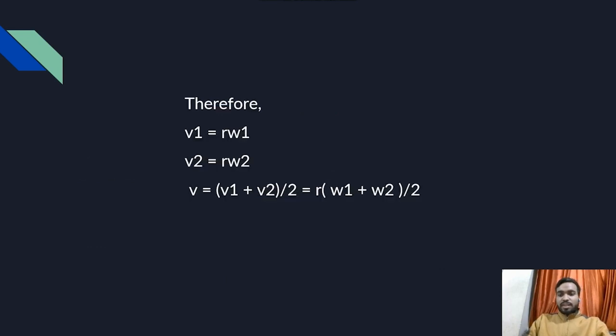So now we have the radii of the wheels. The velocities of the center of the wheels are v1 is equal to r into omega 1, v2 is r omega 2, and the net velocity of the bot is (v1 plus v2) by 2, that is r times (omega 1 plus omega 2) by 2.